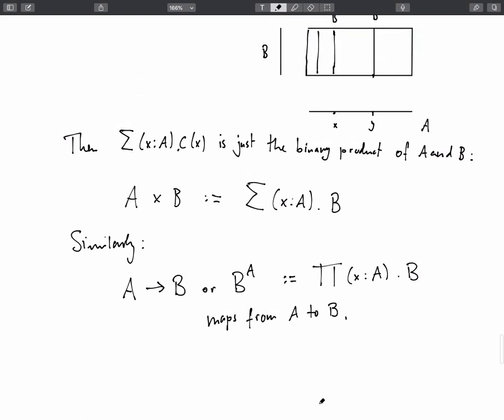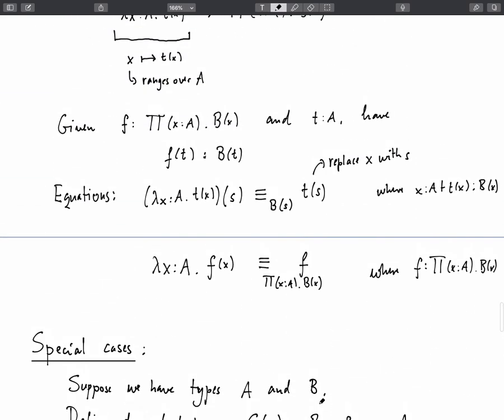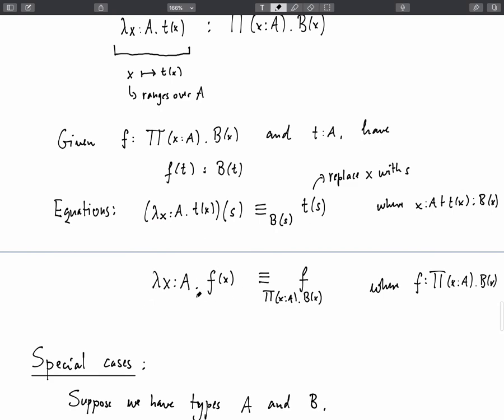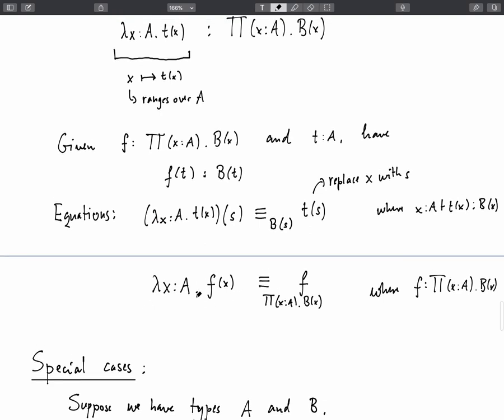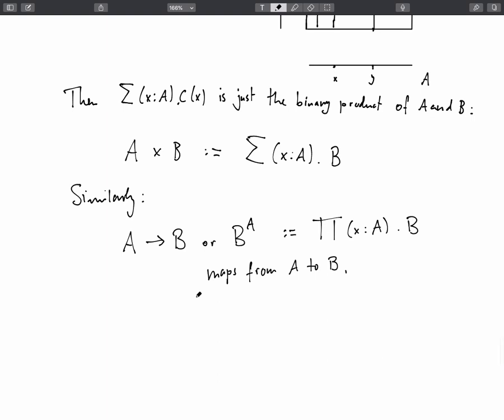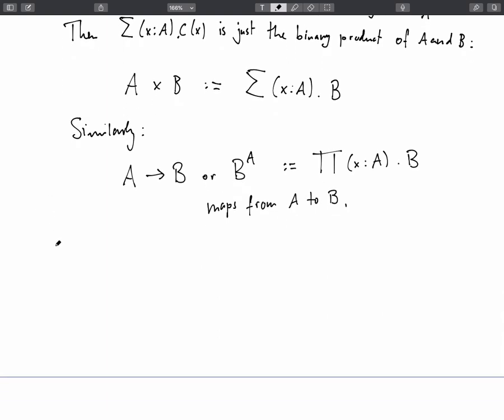Now we don't actually know which functions you can define from A to B. How do you even get a function? Well, so far you only have one way of doing it, which is you write down one of these lambdas. So, for instance, you surely can write down some functions. For instance, can you write down a function which goes from A cross B to B cross A?